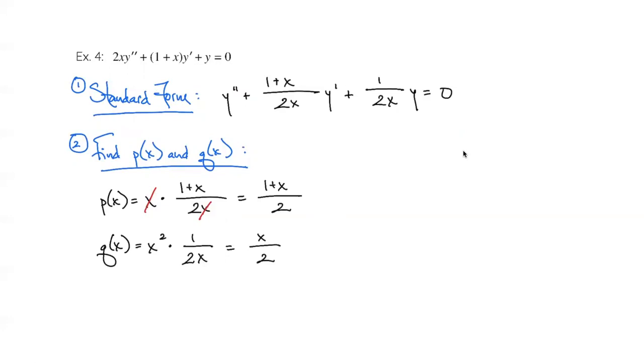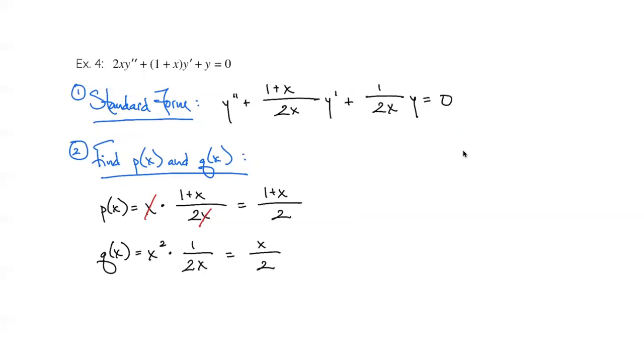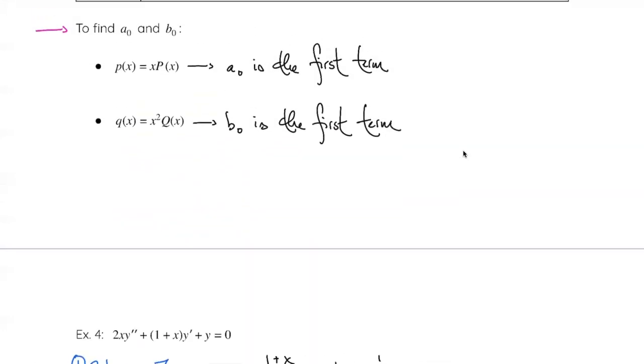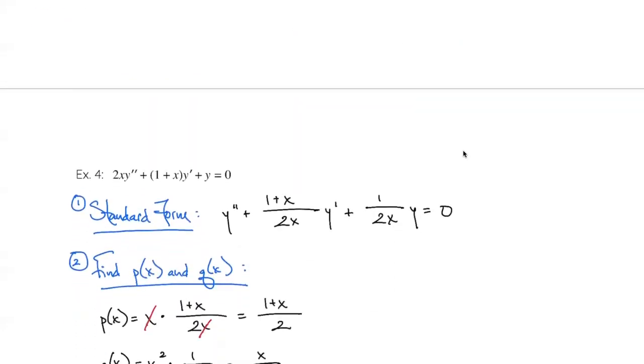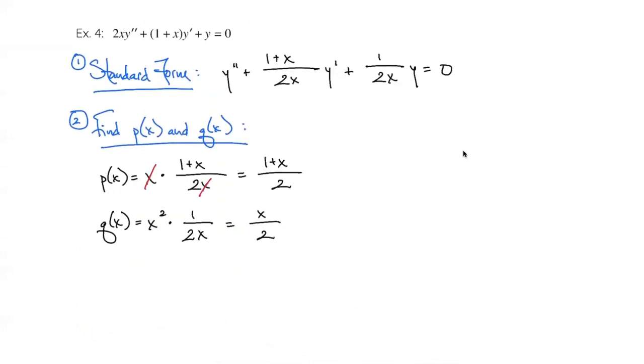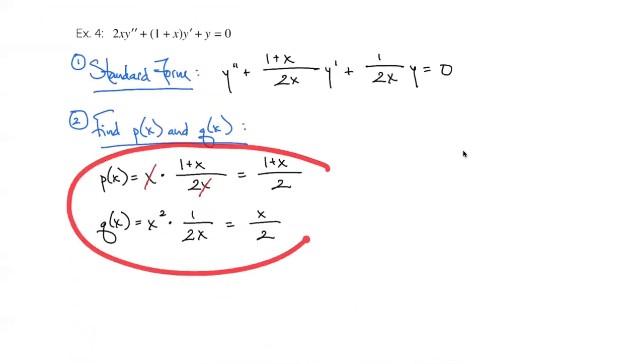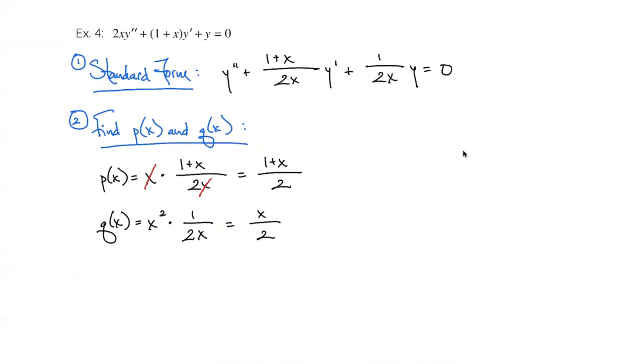Now, in order to find our a sub 0 and our b sub 0, earlier I wrote a sub 0 is the first term and b sub 0 is the first term. And here's what we mean by that. The first term means we're going to take this, and all we're going to do is plug in 0.